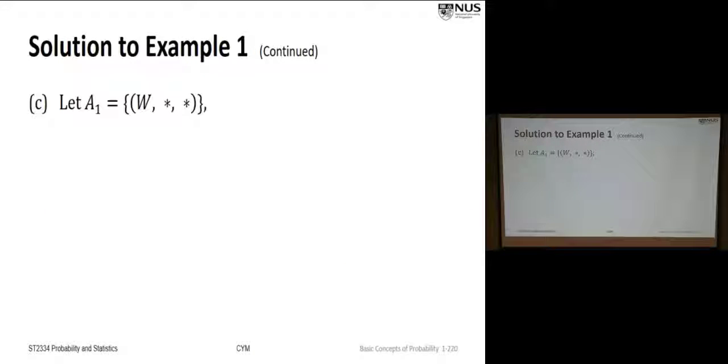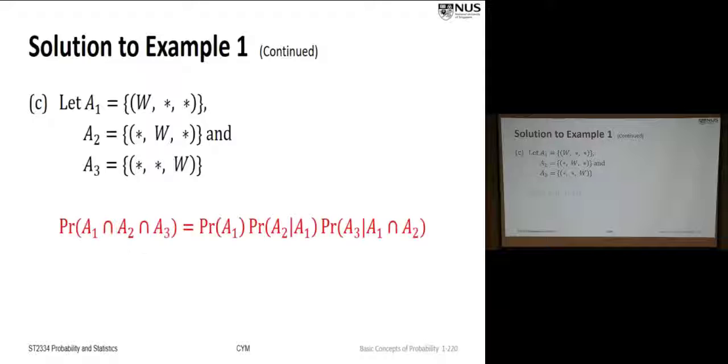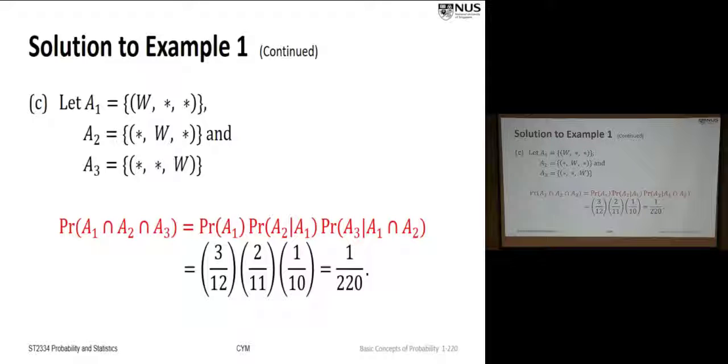Okay, the third one, now I introduce A3, the third shirt being a white shirt. In order to have all three together, I have to multiply all this. So the first one is 3 out of 12. I have 3 white shirts out of 12 shirts. So after the first shirt is a white shirt, the chance that the second one is a white shirt is 2/11.